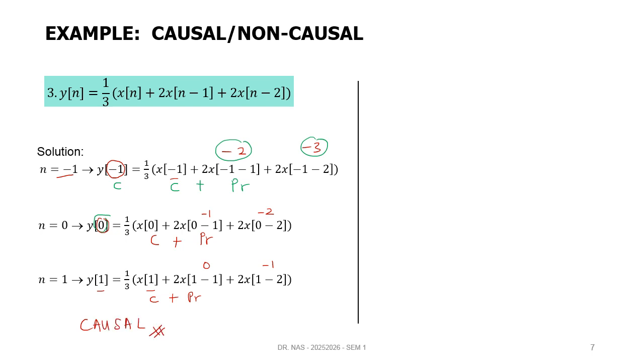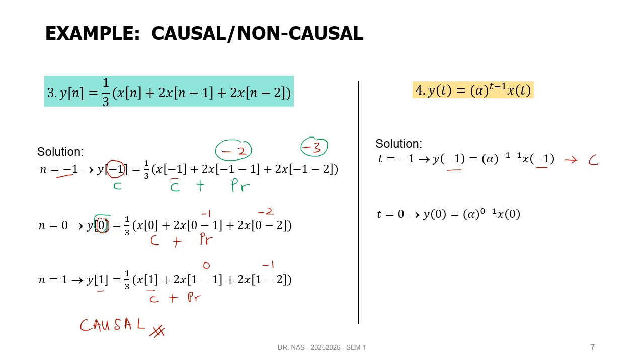Okay, look at another example given by this equation in a continuous time system. Again, try different t values. When t equal to -1, here is the current state -1, and your equation also -1. So you got only the current state. Try t equal to 0.